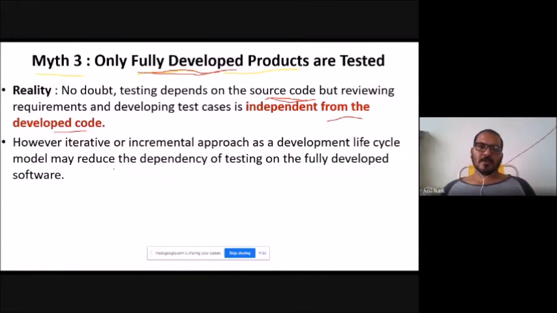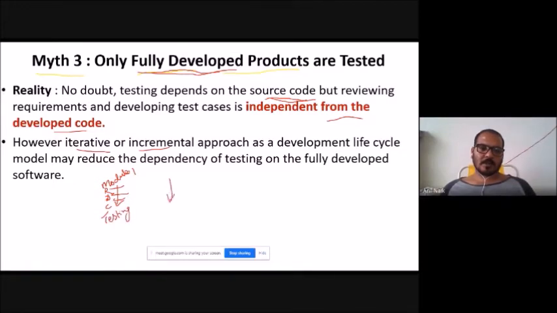For example, a particular module one: initially we work on module one, and we go for requirement, designing, coding, and testing phase. So one small module.